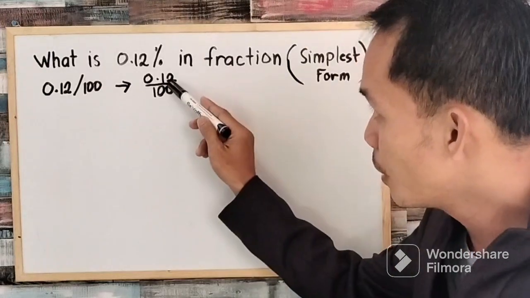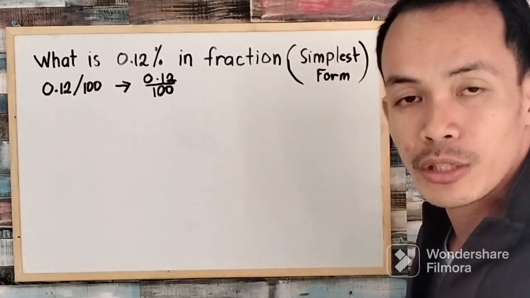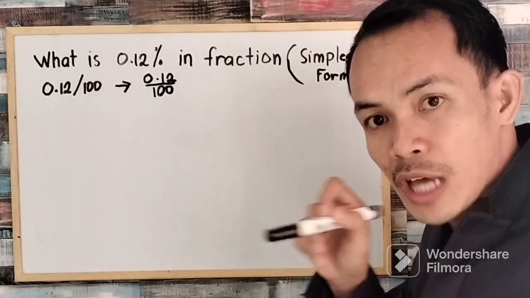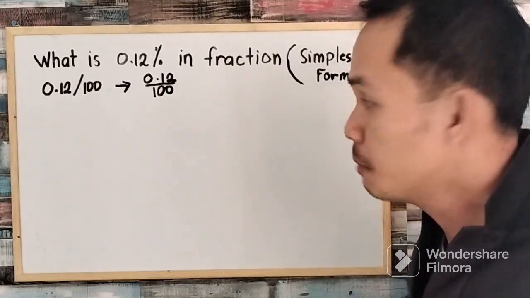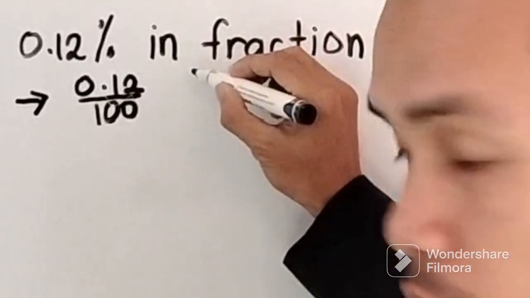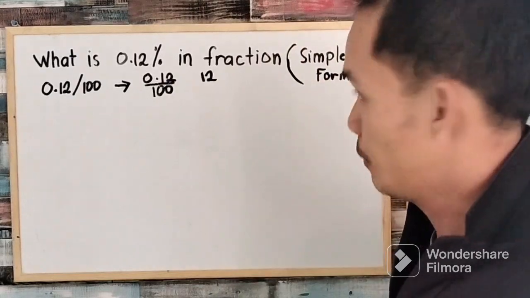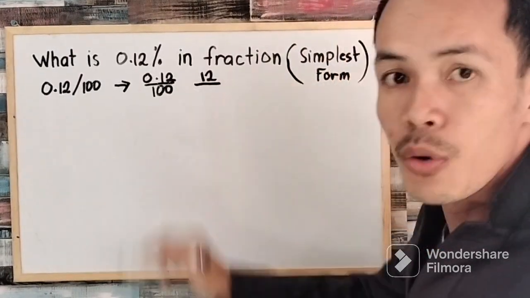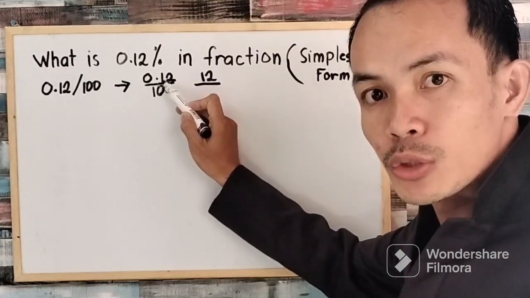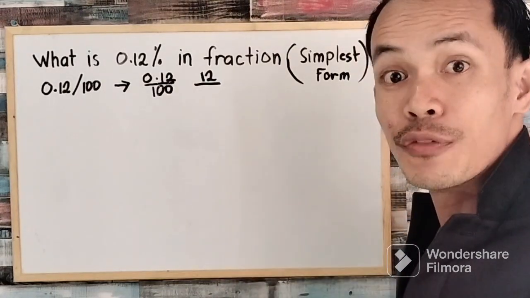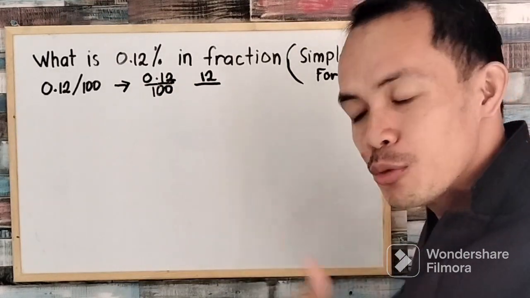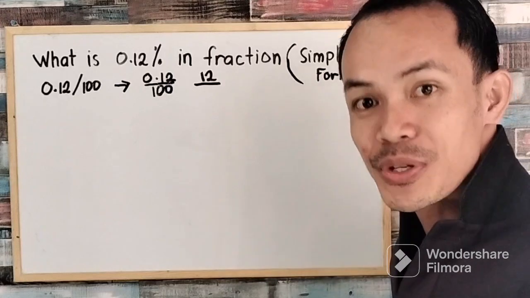Okay, since we have 2 decimal places in our numerator, we will move the decimal point 2 times to the right. Let's count 1, 2. So this 0.12 becomes 12 over. Now, since you moved the decimal point twice in the numerator, of course, you also have to move the decimal point in the denominator 2 times also.